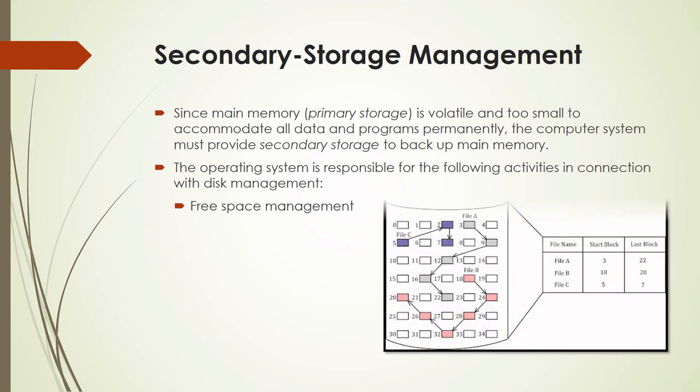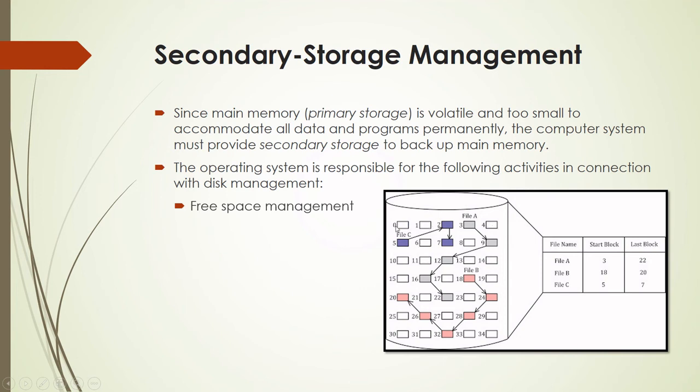If we look at this particular example, this is the disk and we have many blocks in the disk, so the files are stored in the disk. The rectangular boxes show that each is a block.